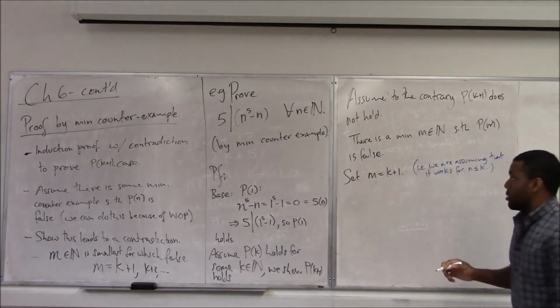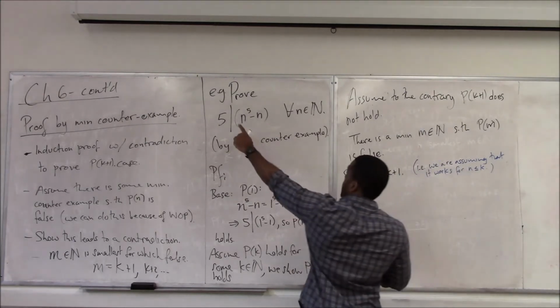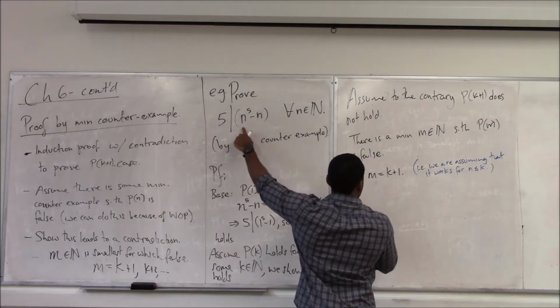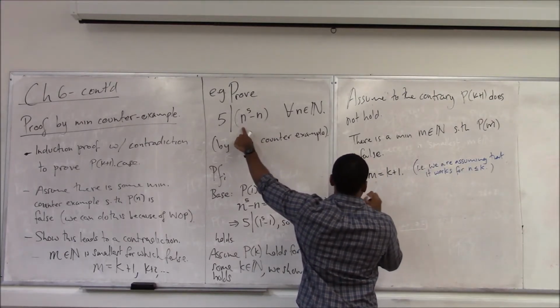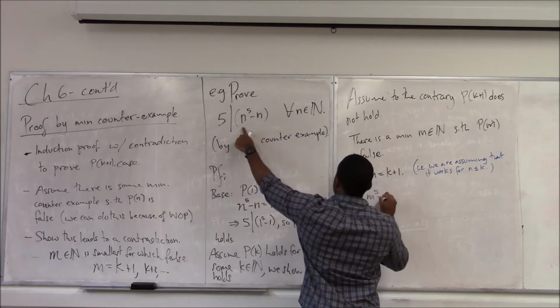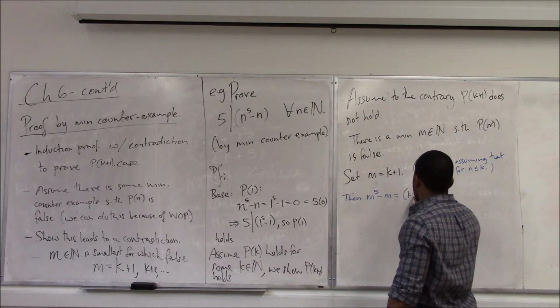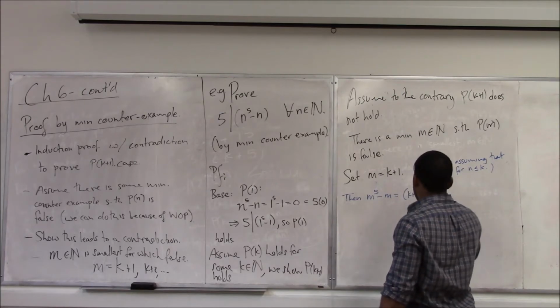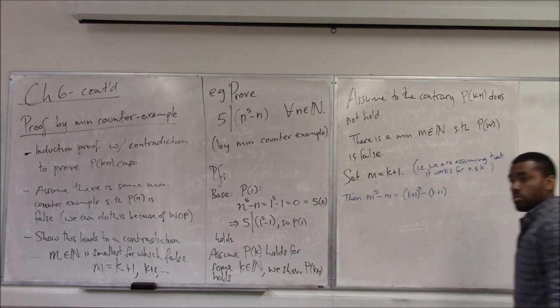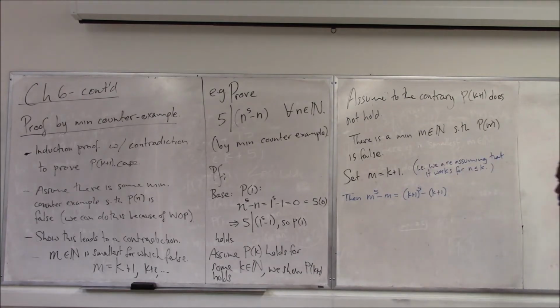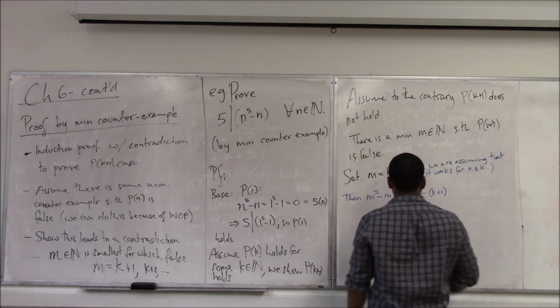So what's the expression that we care about? m to the 5th minus m, right? And if you look at n to the 5th minus n, that will be, by your assumption here, (k plus 1) to the 5th minus (k plus 1), because that's my n. Now what would that guy equal to?